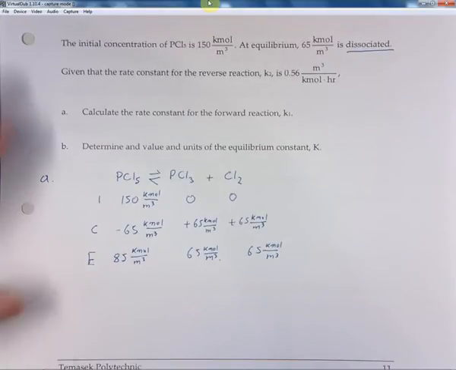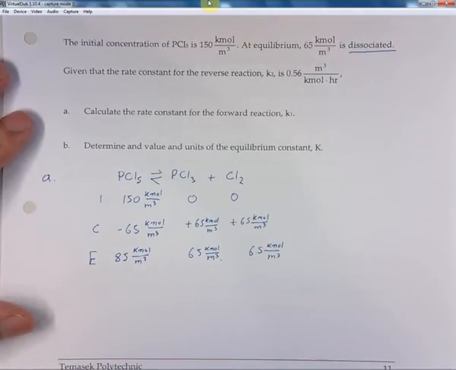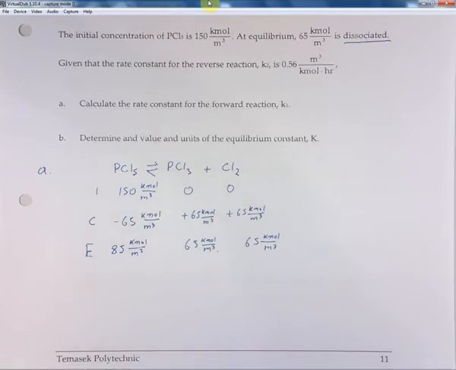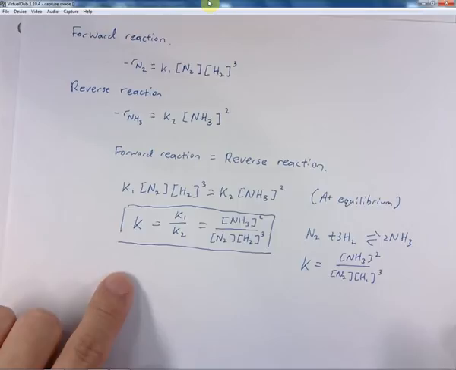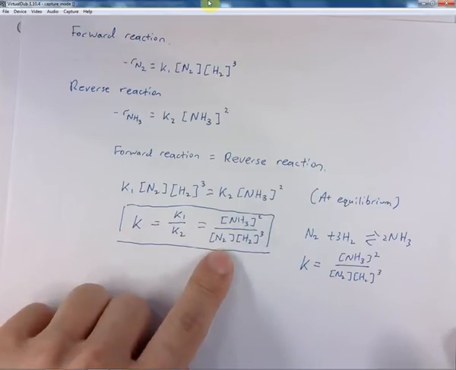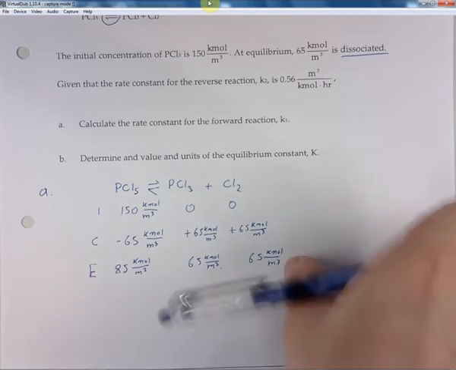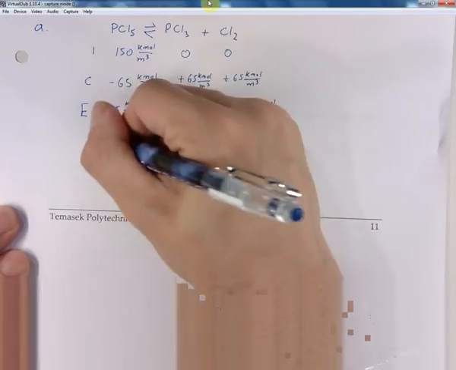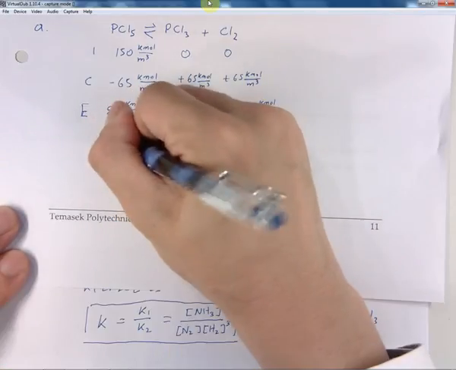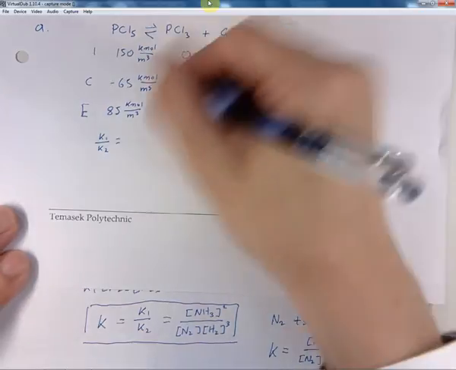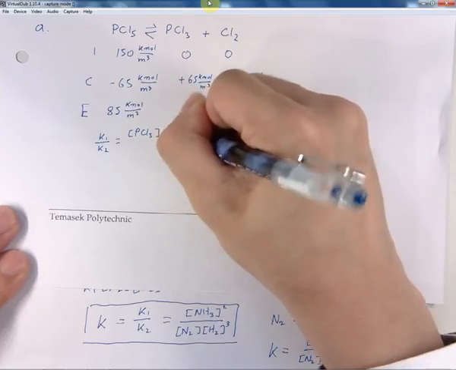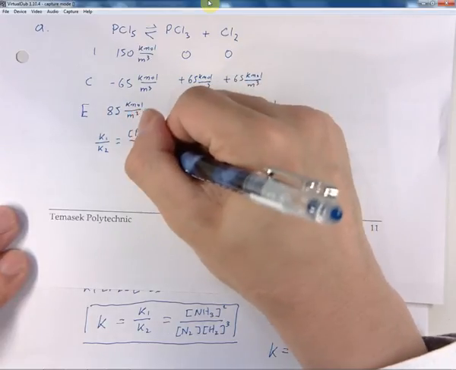Okay, from here we are supposed to calculate the forward reaction rate constant K1. So we go back to the term that we just derived over here. K is K1 over K2, product divided by reactant. So we use this. K1 over K2, which is your product over reactant. So for this, the product is PCl3 Cl2 over reactant PCl5.